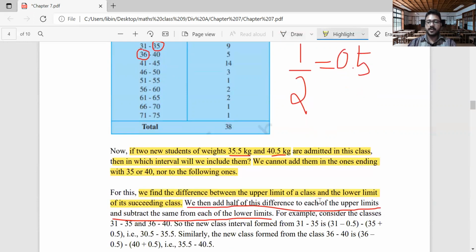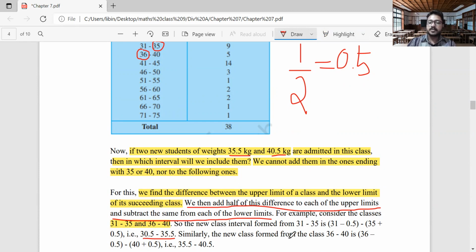An example is also given to you. If we are taking the classes 31 to 35 and 36 to 40, the new interval formed will be: we subtract this 0.5 from 31, and add 0.5 to 35. So our class interval becomes 30.5 to 35.5.